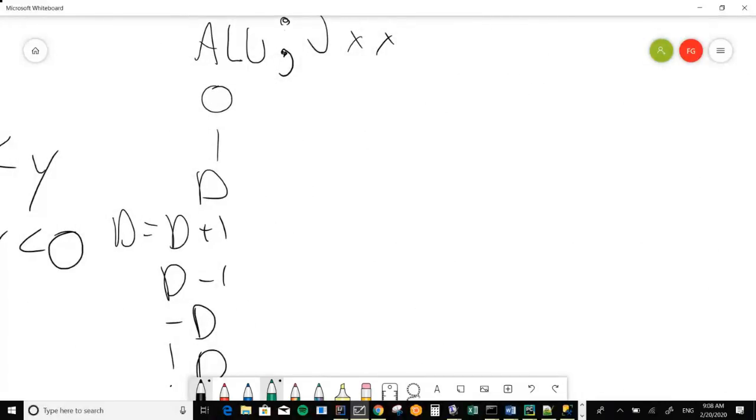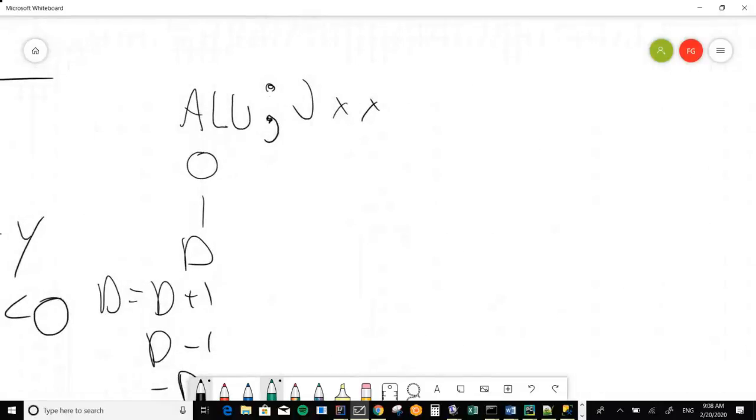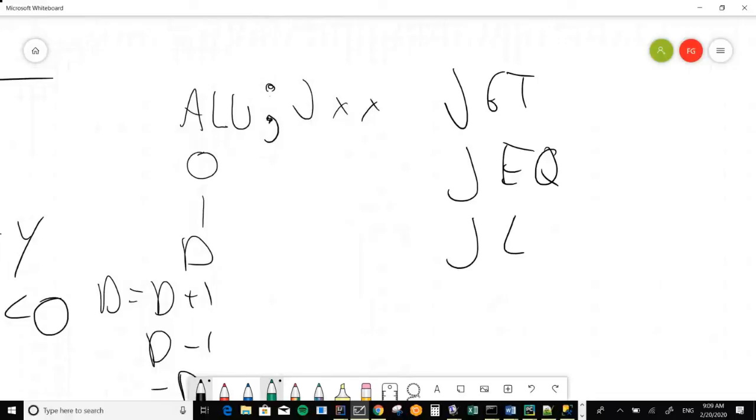Now we get to the jump side. So there are a number of distinct possibilities that we need to consider on the jump side. So first, we can think about the three possibilities where exactly one jump bit has been set. So is JGT, JEQ, and JLT.